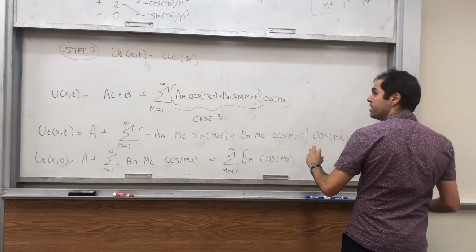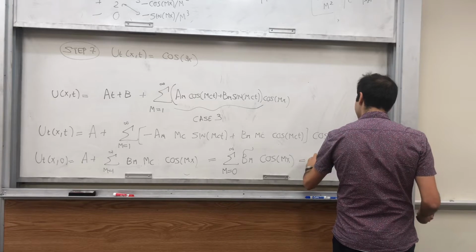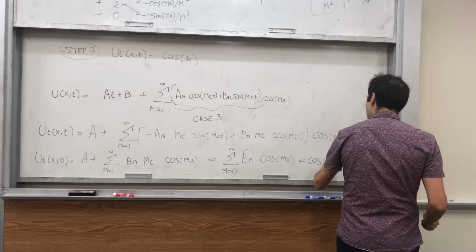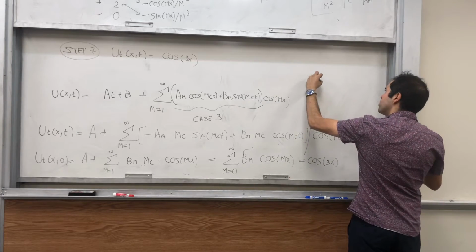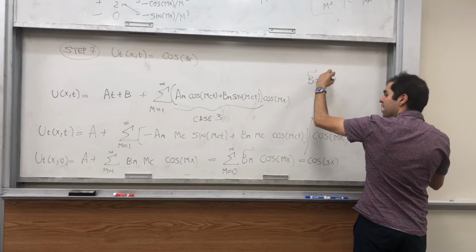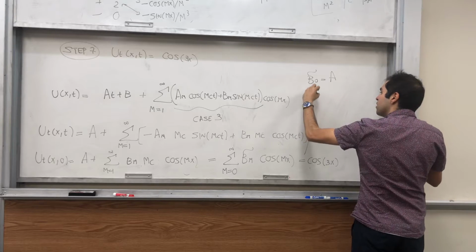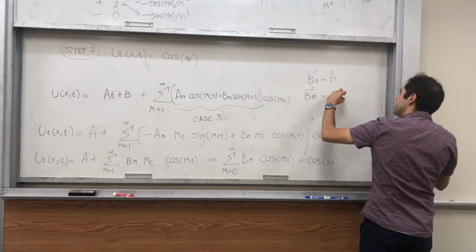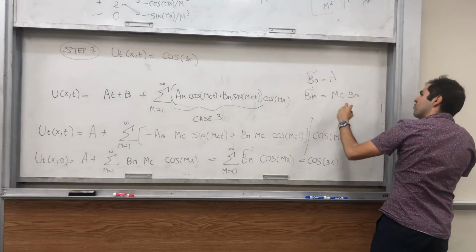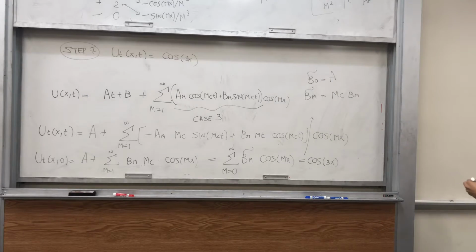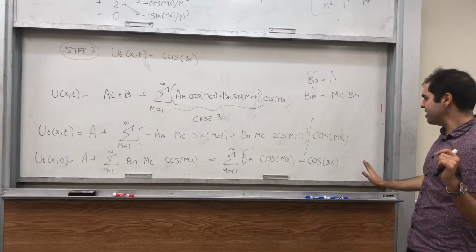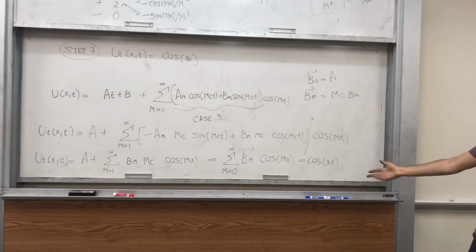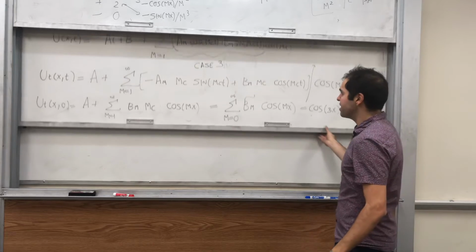And we know in this case it equals cosine 3x, where b0 squiggle is just a, and bm squiggle is just mc bm for m equals 1 to infinity. Now, usually you need to solve for a Fourier series, but here it's actually quite nice. Because what is this saying?